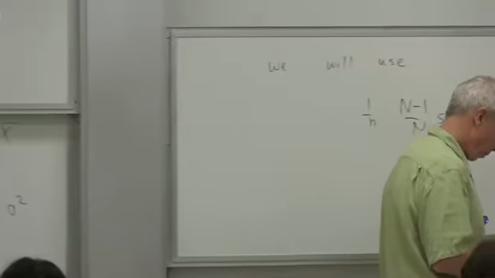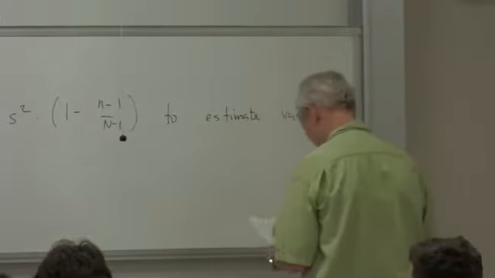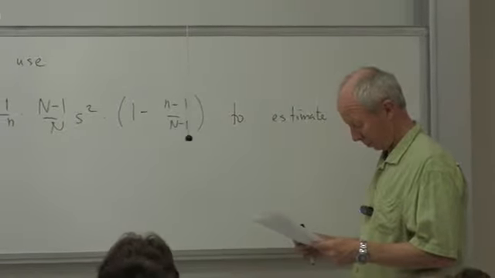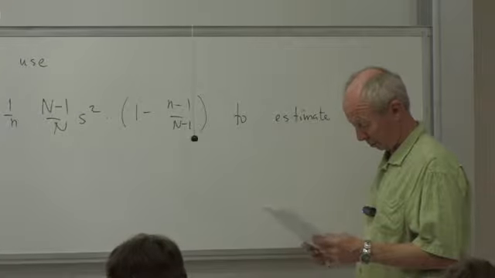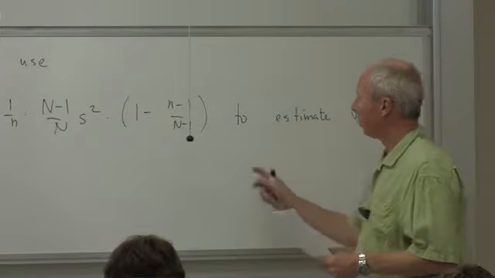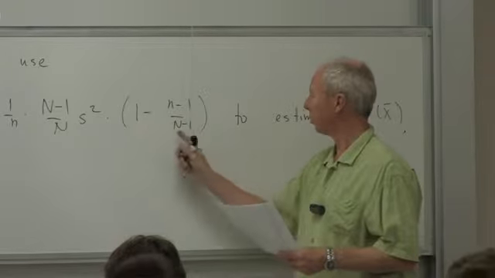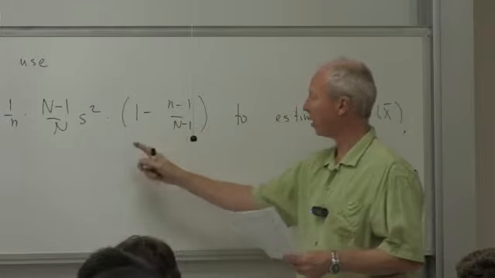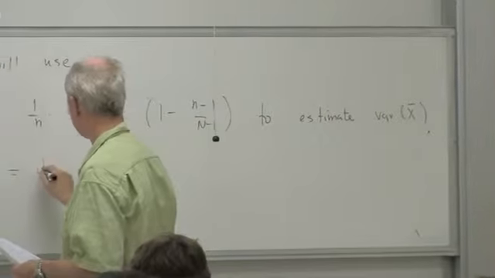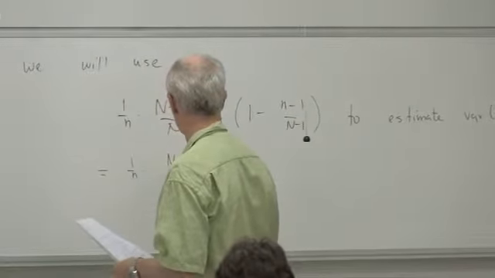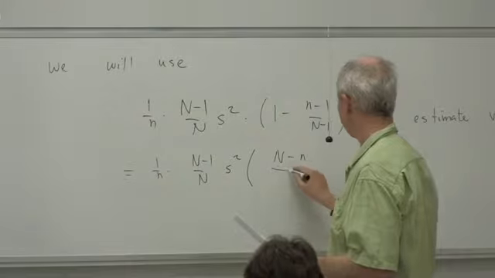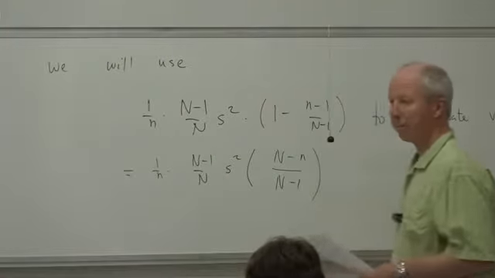And I think this might simplify a bit. Especially if we rewrite this, combine these two, so that there's a capital N minus 1 in the denominator, then we can cancel that. So let's do that as a first step. This would be capital N minus little n over capital N minus 1, I believe.